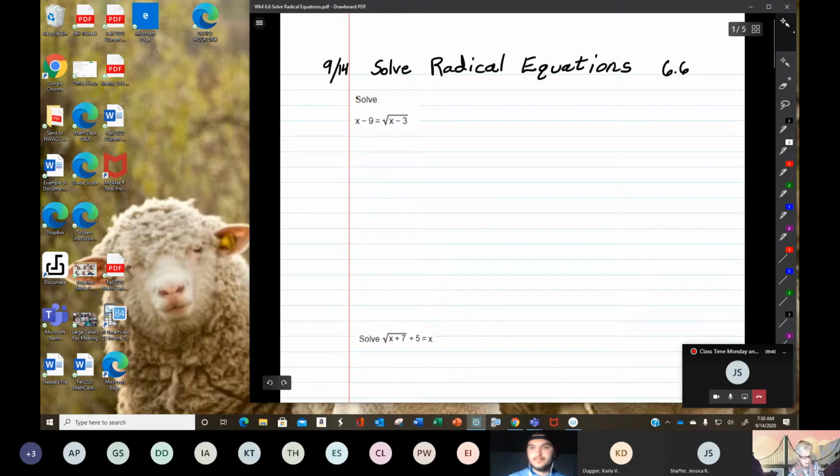Okay, so we're going to start talking more and more about inverses. And we're going to talk about inverse operations. Just briefly, inverse operations, operations that undo each other, are addition and subtraction, for instance, or multiplication and division.